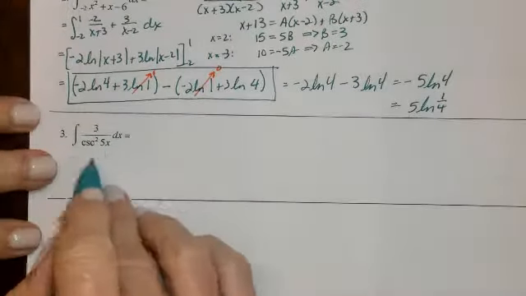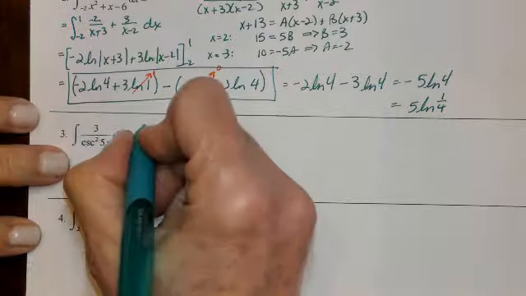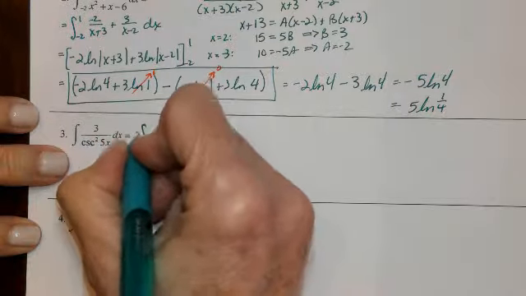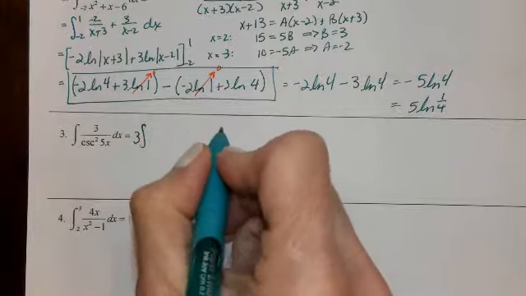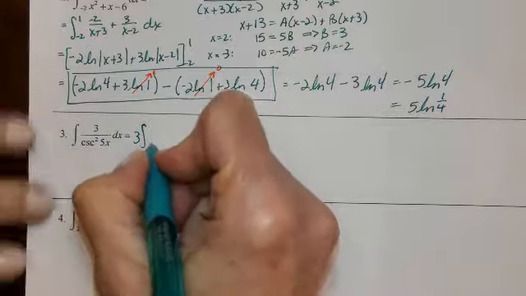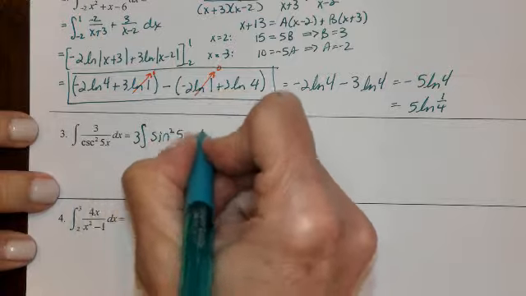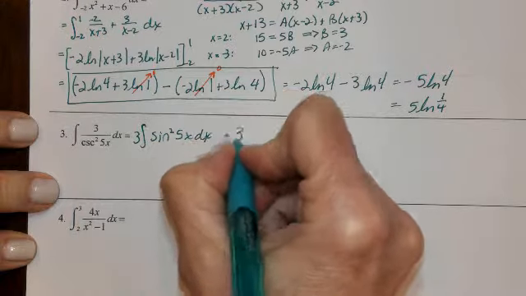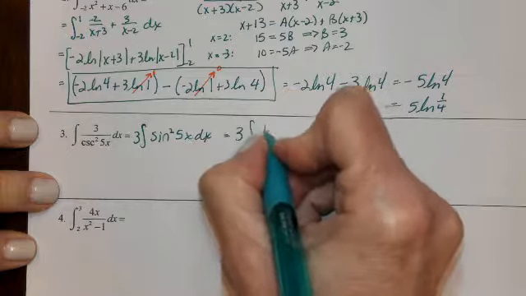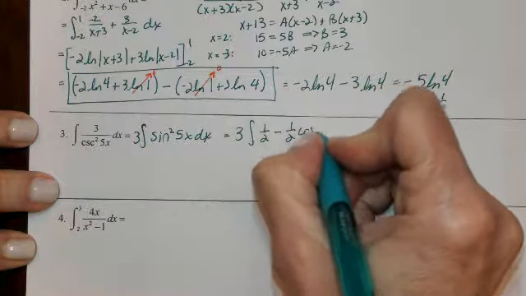Okay, for this one, I see 3 over cosecant squared. I want to change that, the 3 I'm just going to pull out. Cosecant squared of 5x is 1 over sine squared of 5x, so this is just sine squared of 5x. And I see that sine squared, and I want to change it to 1/2 minus 1/2 cosine of 10x.